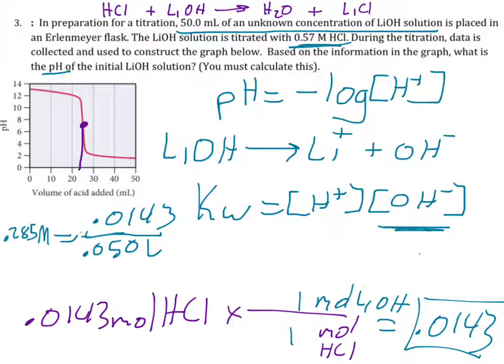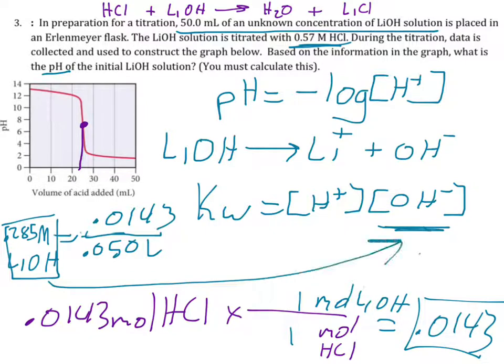And we have a 0.285 molar solution of lithium hydroxide. Now this happens to also be the concentration of the hydroxide because there's only one hydroxide within the lithium hydroxide. So this is the concentration of the hydroxide, which we can now plug into this equation here.